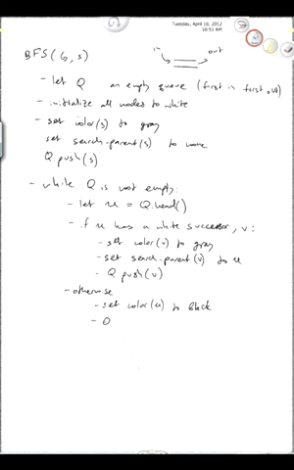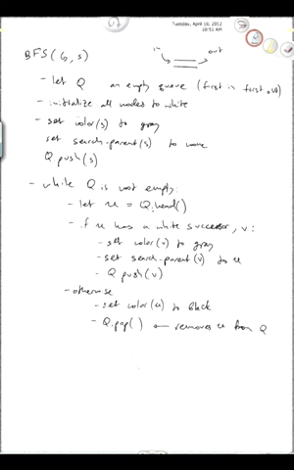And at that point, we're just going to pop. So this Q.pop removes U from Q, because Q.pop just removes the front of the queue, and that's exactly where U was. It was right here at the front.